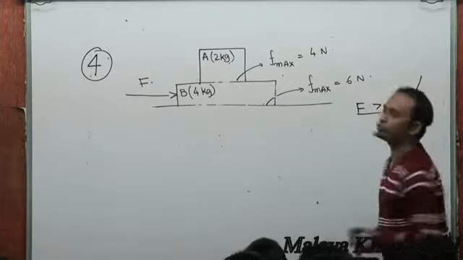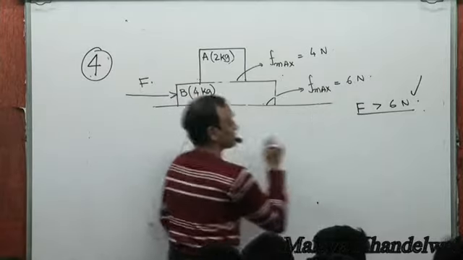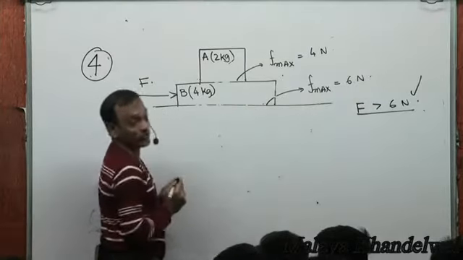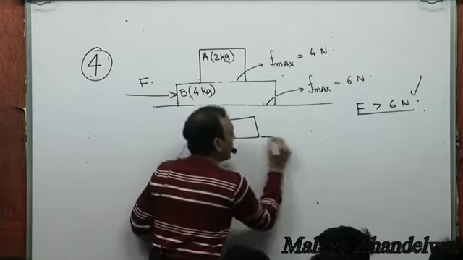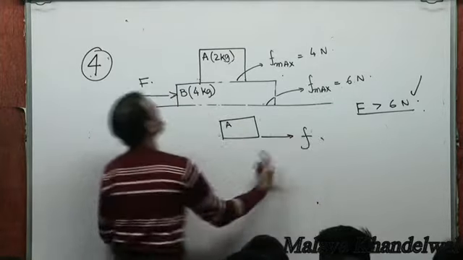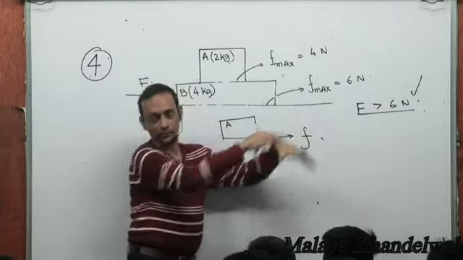In excess of 6 newtons, they move together with a common acceleration. But not forever. The upper block A is driven by the frictional force that B will exert on A in the rightward direction, so that they can move on friendly terms.